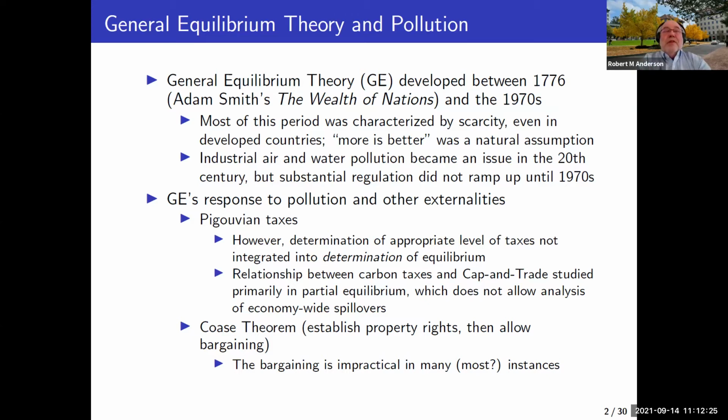So the theory almost always has this assumption that more is better embedded into it. And of course, it also recognized that there were pollution and externalities. Externalities is an economic term for something I do has an impact, either beneficial or more typically adverse, on you.